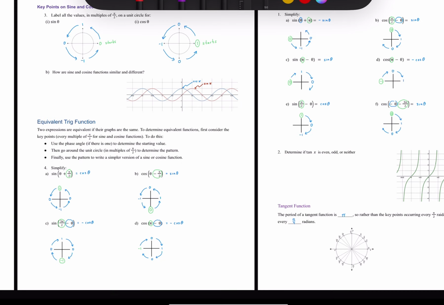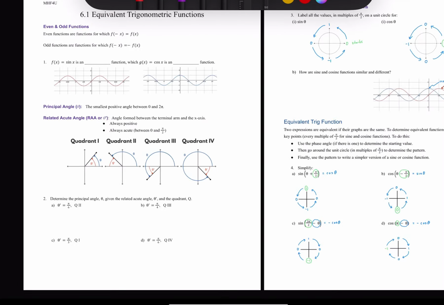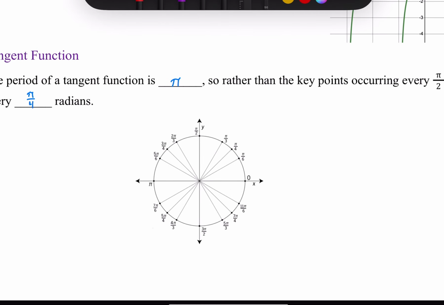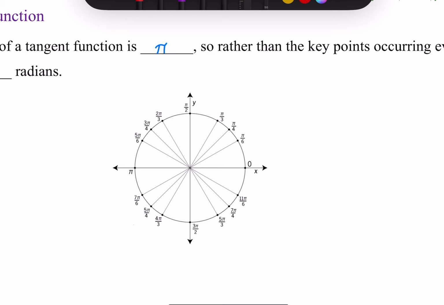So if I'm filling this out, I would start at 0 for this one, which again, tangent here is 0. That's where I start. And then if I go in increments of pi over 4, here it's 1. And then here it's undefined, so I'll just write does not exist.